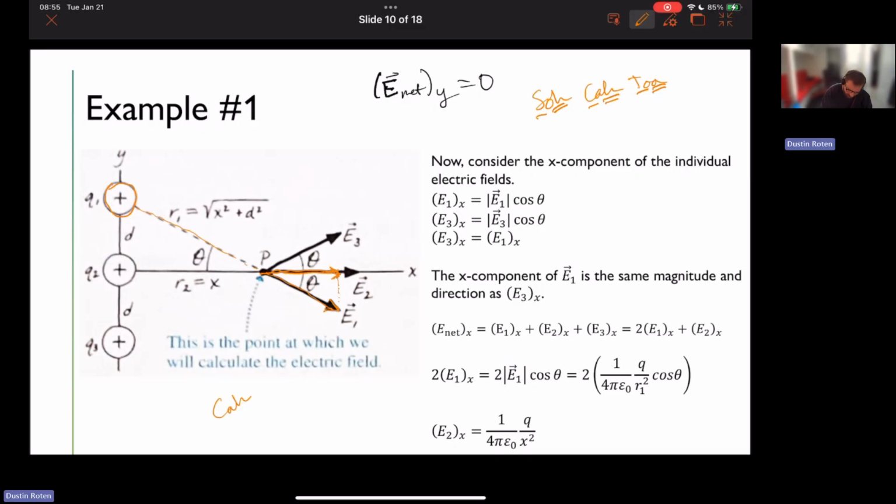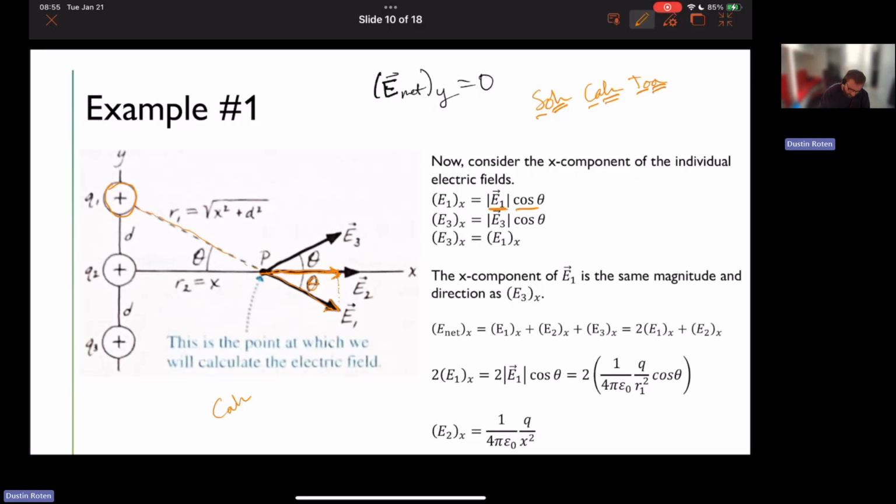The hypotenuse is the full magnitude of the electric field. We multiply that by cosine of theta this time because we want the x component. And it is positive, pointing in the positive x direction. Totally makes sense.